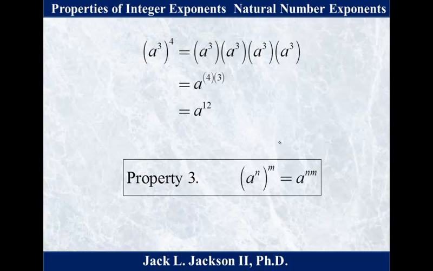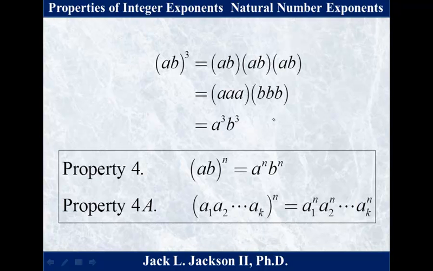So what do we end up doing? We're just multiplying the two powers. When you have a power to a power, keep the same base and multiply the powers. So a to the n to the m power is a to the n times m power. And in our next section, we're going to use this property to help make sense out of what fraction exponents would mean.